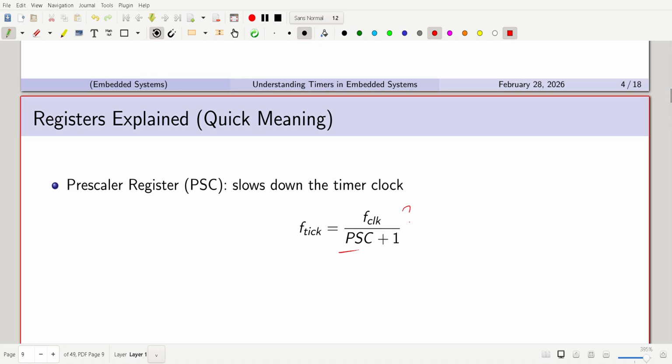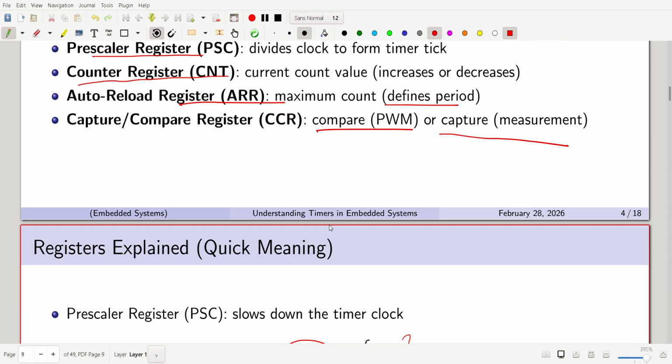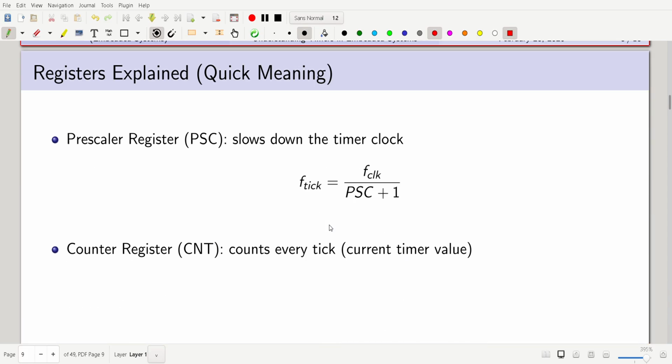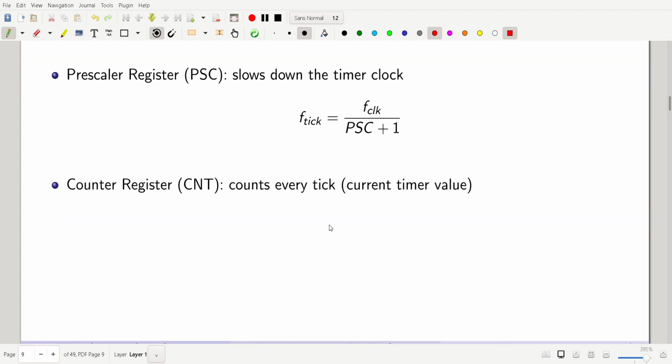That is how we find the ticking frequency. The counter register counts every tick, the current timer value.